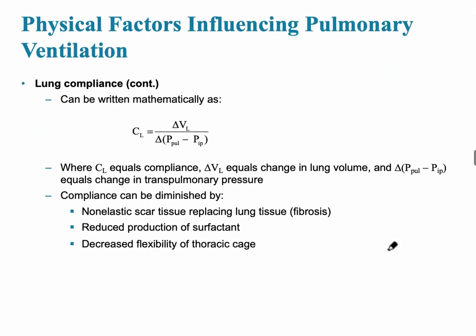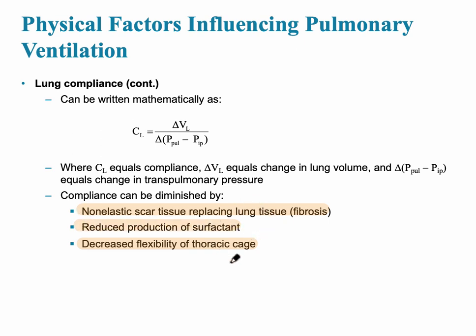Lung compliance is actually calculated as the change in volume over the change in pressure, but that mathematical calculation is not important to use. Essentially, the concept is what's important. The decreased flexibility of the thoracic cage can determine lung compliance, also the formation of scar tissue, fibrosis, or a reduced amount of surfactant.